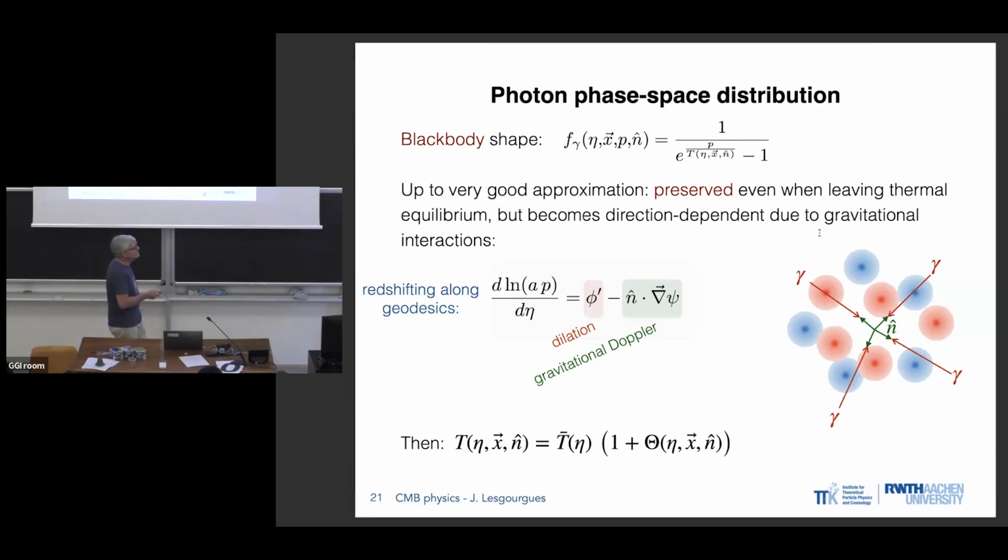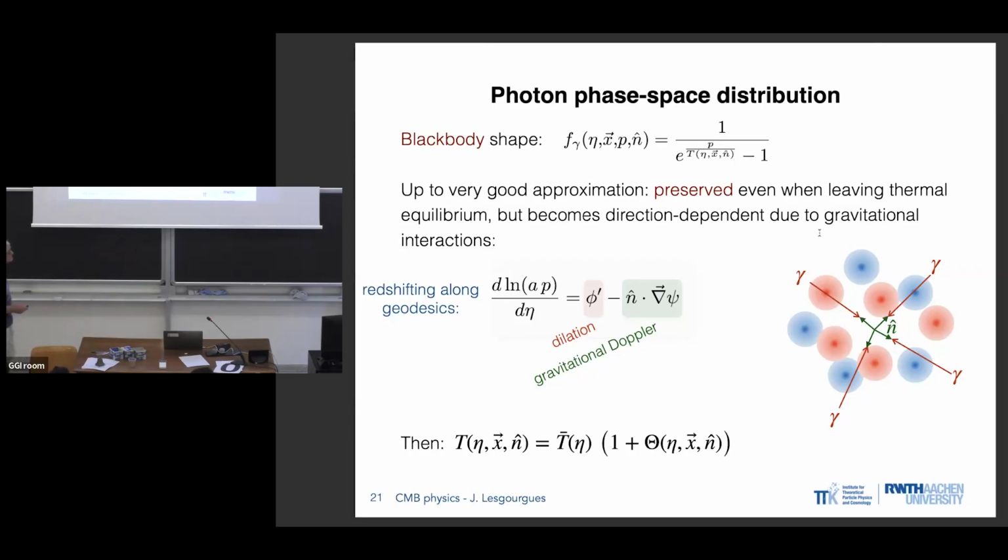And it shows you that independently of the momentum of the photon, the relative momentum shift, dp over p, is the same for all photons traveling over the same metric fluctuations. So traveling over an overdense or underdense region will shift the momentum of a whole flux of photons, but they are all shifted in the same way, such that the change can be expressed as a local variation of temperature, but not as a departure from the blackbody spectrum. And that's a very powerful argument.